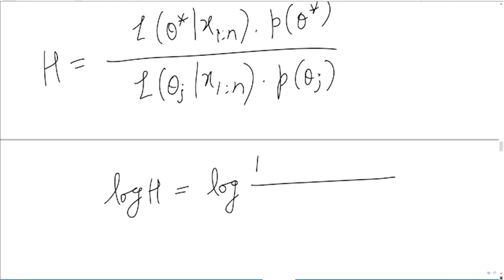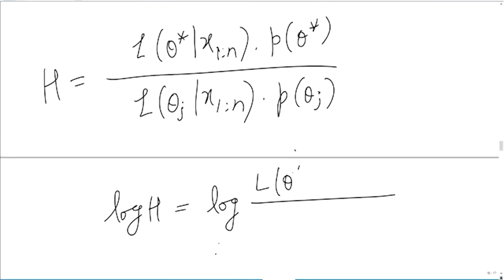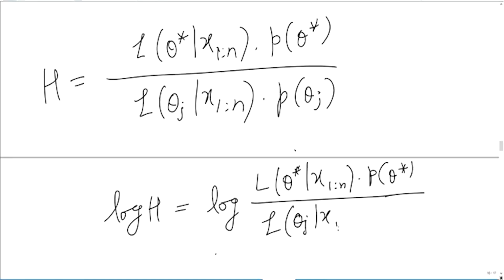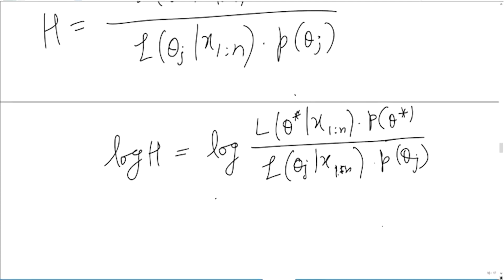log of likelihood of theta star given x1 to n, times prior density of theta star, divided by likelihood of theta j given x1 to n, times prior density of theta j. Okay. So, do you remember this identity?